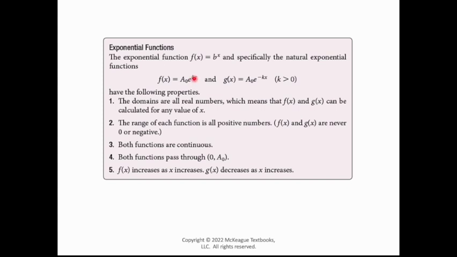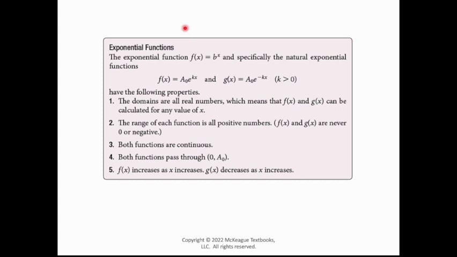If I have a positive exponent, then I have a horizontal asymptote at y equals 0 on the x-axis, and as I go left to right, it would be increasing. So it would never go below the x-axis. The same thing goes for if you have a base raised to a negative exponent, it would just change direction. It would flip over the y-axis.